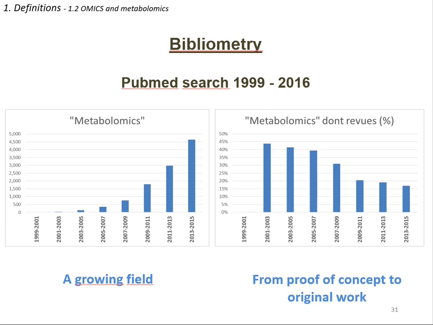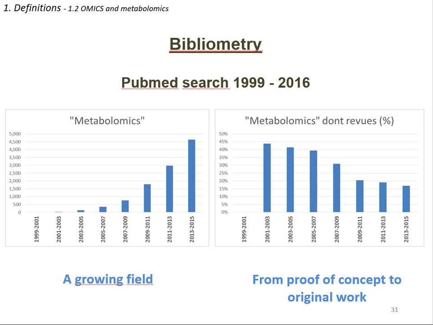For example, on the left, this is the word metabolomics in the database PubMed, which is a database for bibliography. And so you see that there is an exponential growth of the term metabolomics in the published science.